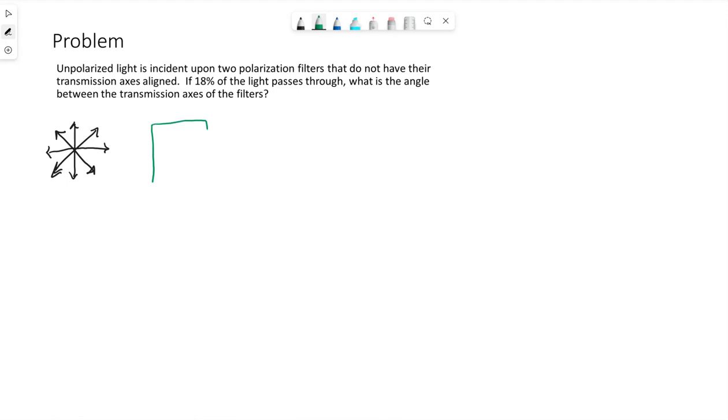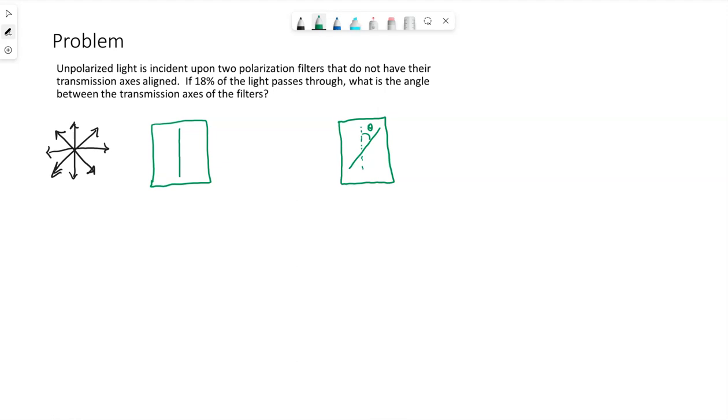I do not know how their axes are oriented. I'm trying to find the angle between them. So if I make the first one oriented vertically, and the second one oriented at some angle from vertical, I'm going to call that theta.